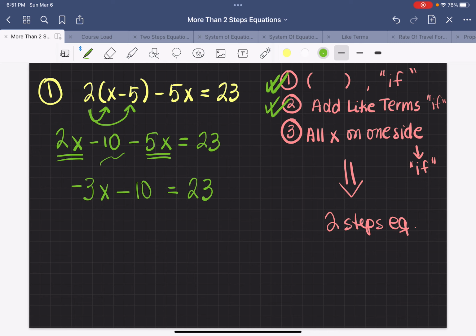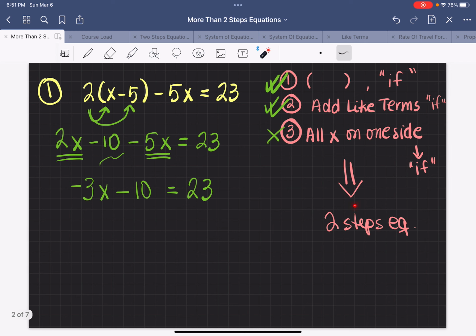Step number 3, all x's or all variables on one side if you have them on both sides. But I'm going to skip that step. I don't need to do it because as you can see, I only have variables on the left side of the equation. And as I said before, with these steps, you end up with a 2-step equation.